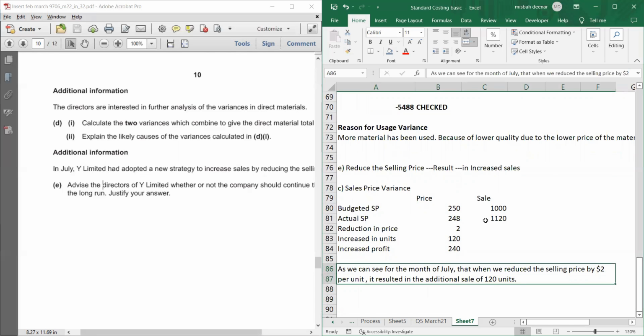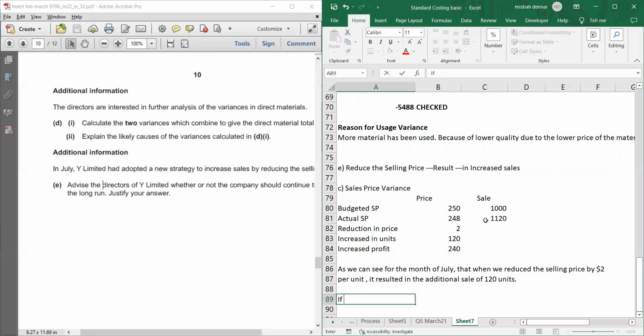Then we can explain that if we continue to maintain our product quality with the decreased selling price, it would result in an increased customer base for the entity.